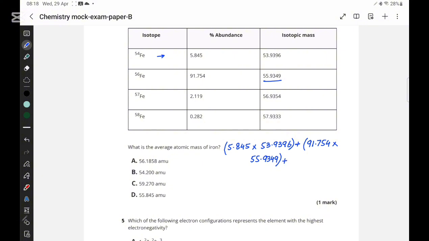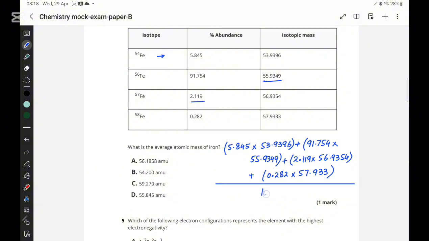Then you are going to multiply the percentage abundance of 57, which is 2.119, times 56.9354, plus you are going to do 0.282 times 57.933, and divide them by 100. So the final answer that you will get here is 55.845, and the answer is going to be D.